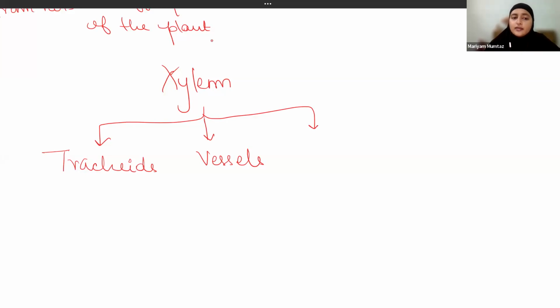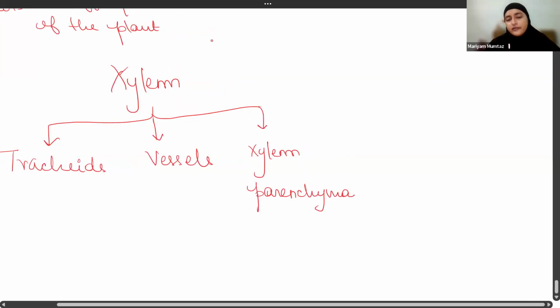Okay, so in the xylem, tracheids are there, then vessels are there, then we have xylem parenchyma. And what is the fourth constituent of the xylem?